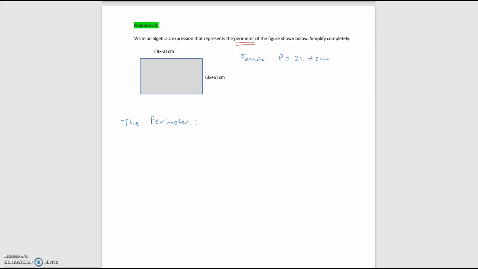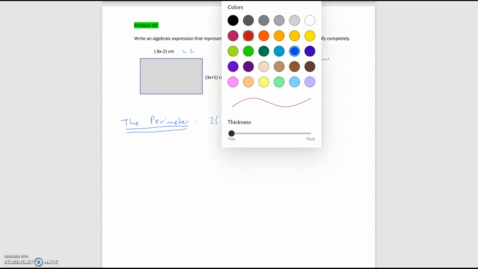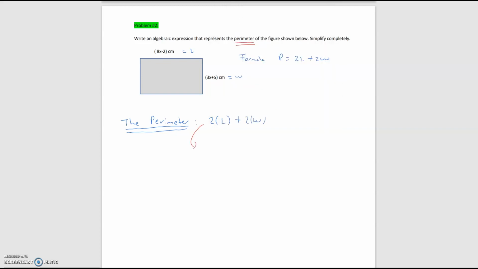And they just want an expression, so they don't want us to express it as an equation. So in this case, it'll be 2 times L plus 2W. And you can just call this W and this the L or the length.